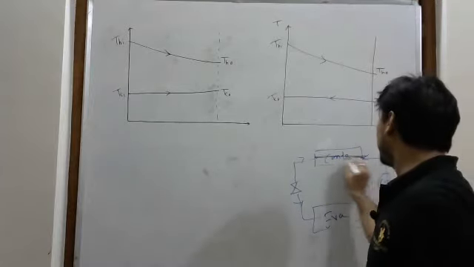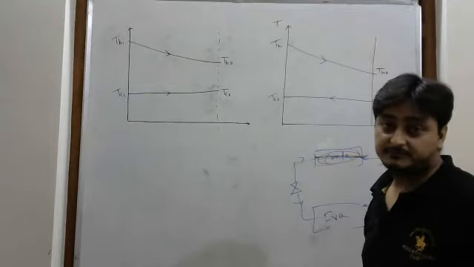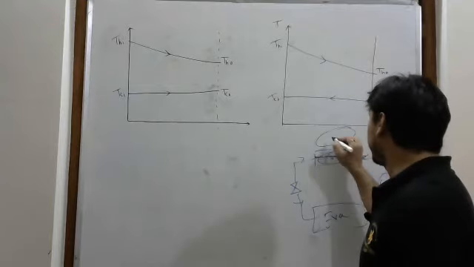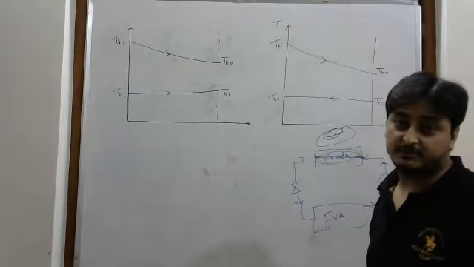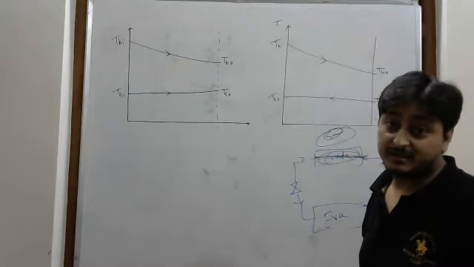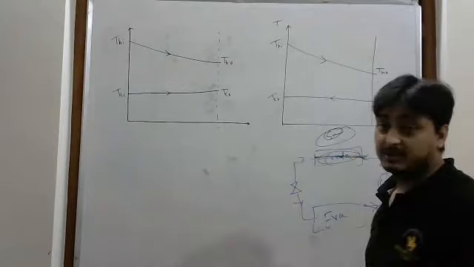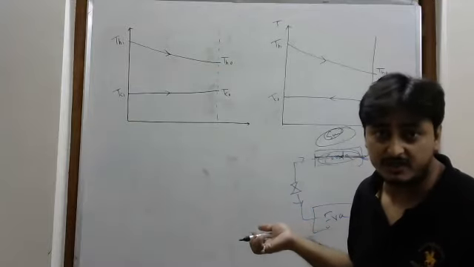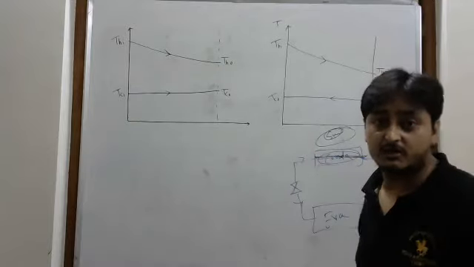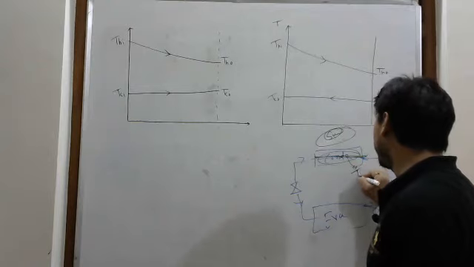Here this temperature is constant, and this temperature is the surrounding. This temperature should be more than the surrounding, definitely, otherwise heat transfer will not happen. That is the work of the condenser only. You have to throw heat into the surrounding. So this temperature is the higher temperature.